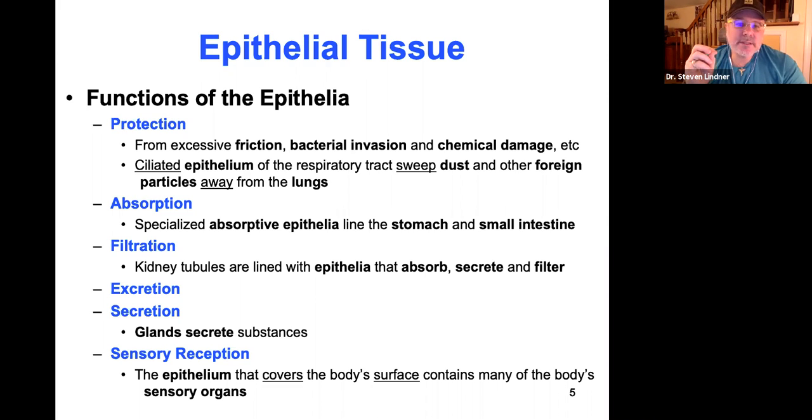And the mucus that sits on the cilia is produced by a particular type of cell called a goblet cell. And the goblet cell pushes out mucus, and it's going to stick to the top of the cilia so that if you breathe in any dust particles, the dust or the debris will stick to the mucus on the cilia, and avoid making it to the deeper part of the lungs where the alveoli are.